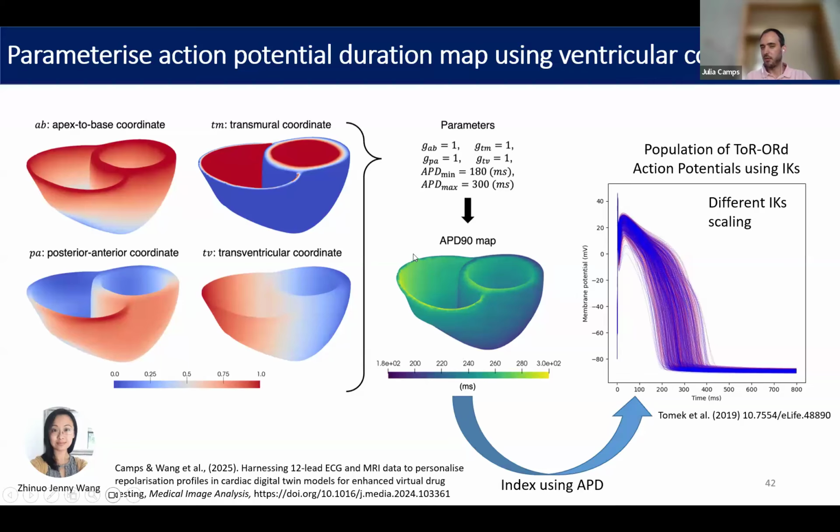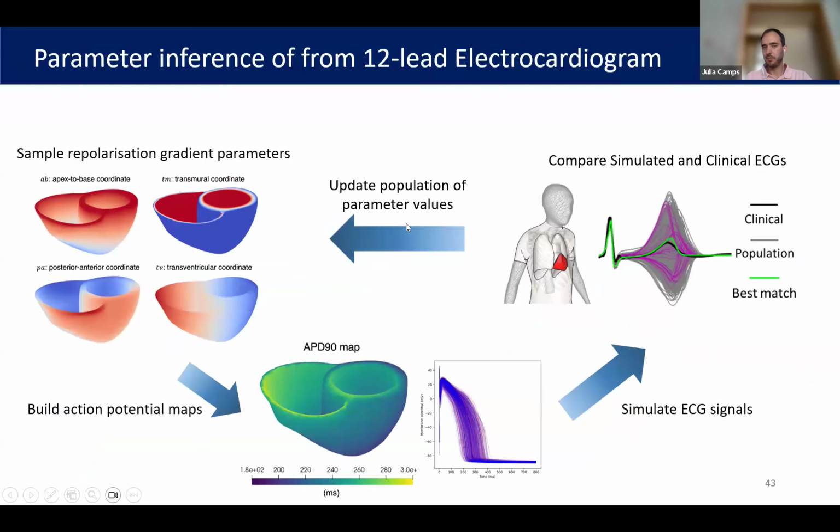So this map tells you the relaxation property of a cell in a specific location. And then from here, you build a dictionary with different action potentials based on this property, based on the action potential duration. Then you can just use the dictionary to plug them back in, and then you can calculate the ECG.